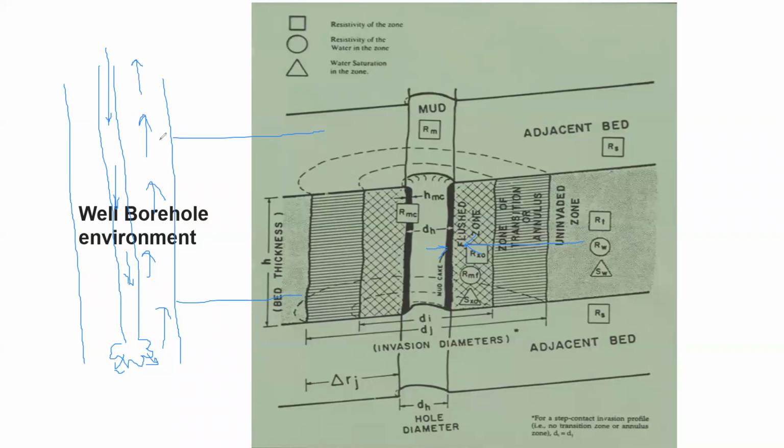Now, this is the intersection of this formation with this fluid. Obviously, if this formation has fluid at a certain specific pressure, then it tries to enter into this well bore, because fluid always tries to move from higher pressure to the lower pressure zone.